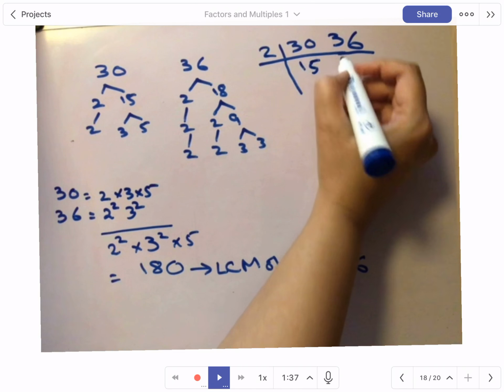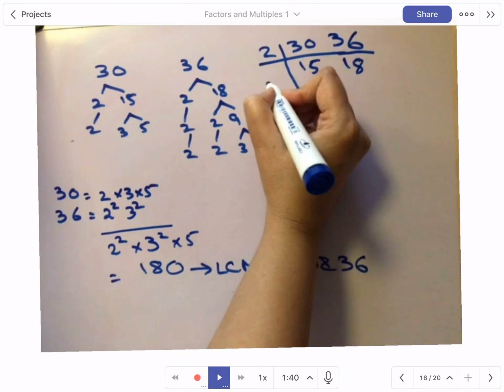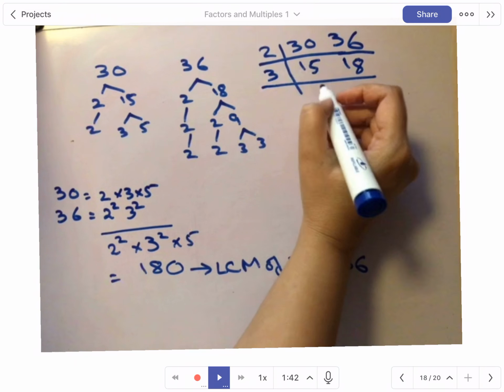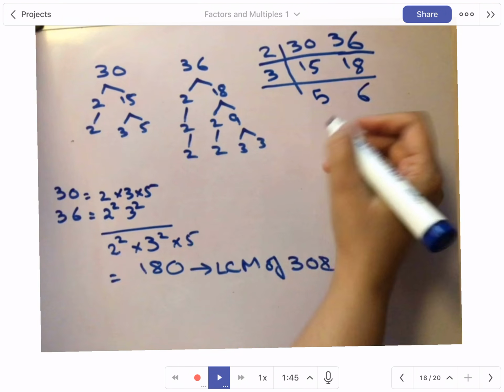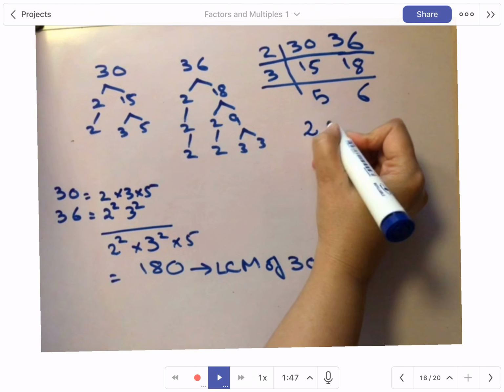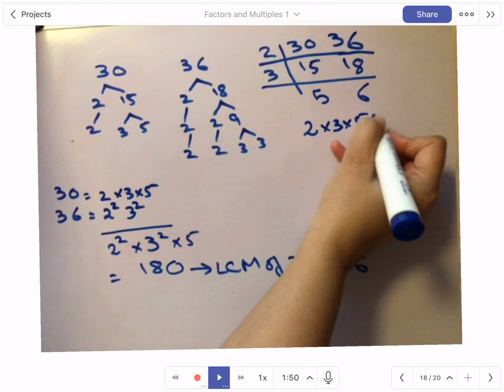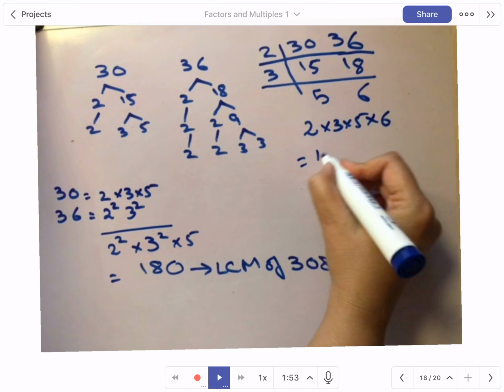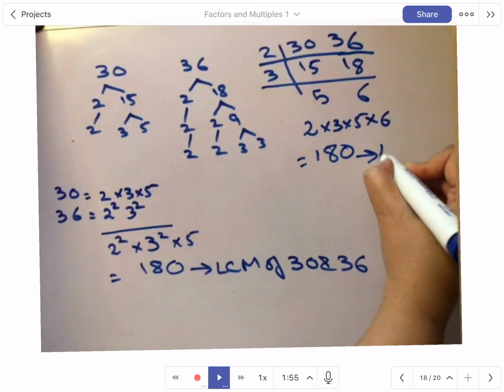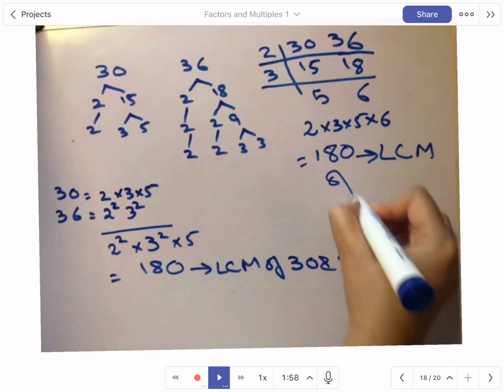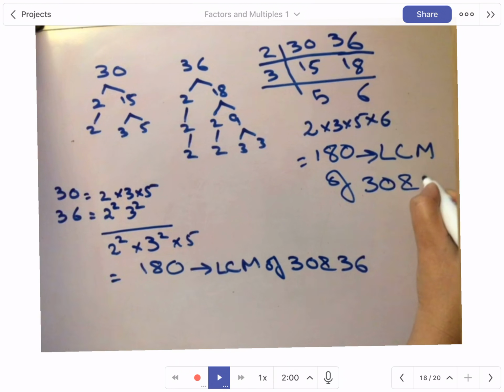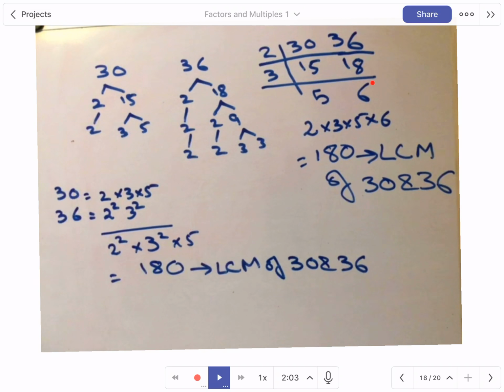For 30 and 36 I am getting 15 and 18. 15 and 18 are divisible by 3, so we will get 5 and 6. We do not have any common factor now, so we stop our division here, and we take the product of 2, 3, 5 and 6 to find the lowest common multiple of 30 and 36. So the product of these divisors and the remainders will give us the lowest common multiple if we are using the division method.